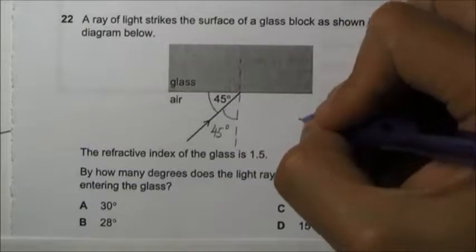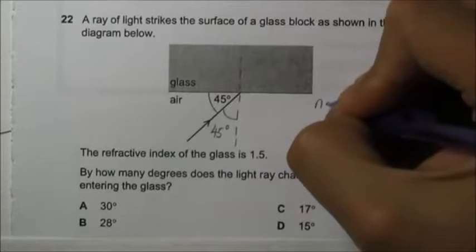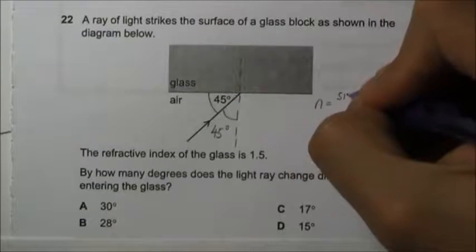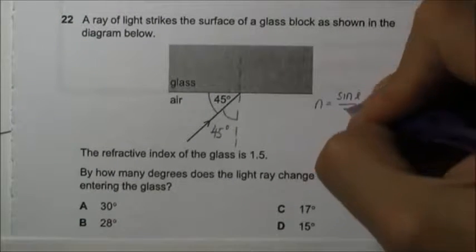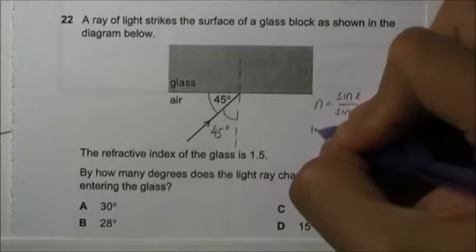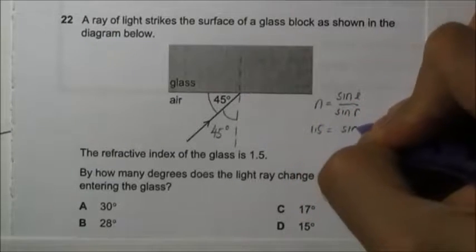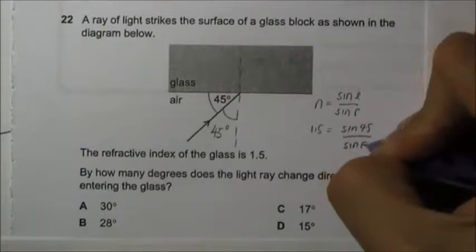So for the angle of refraction, we can use the formula n = sin i / sin r. So 1.5 = sin 45 / sin r.